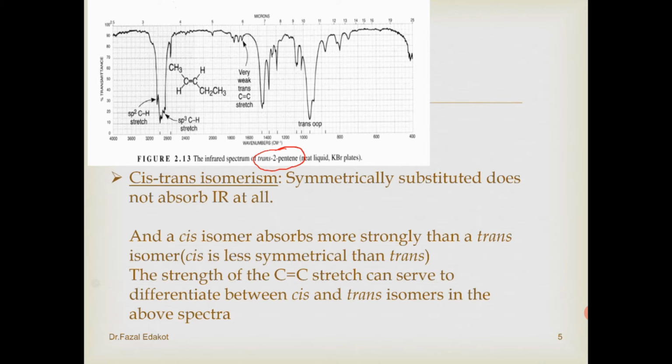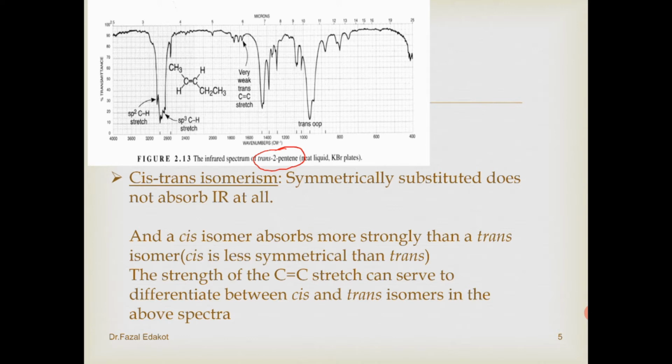The idea is the trans isomer is symmetrically substituted and it does not absorb at all. When symmetrically substituted, it does not absorb, understand. And the cis isomer absorbs more strongly than the trans isomer. Cis is less symmetrical than trans.